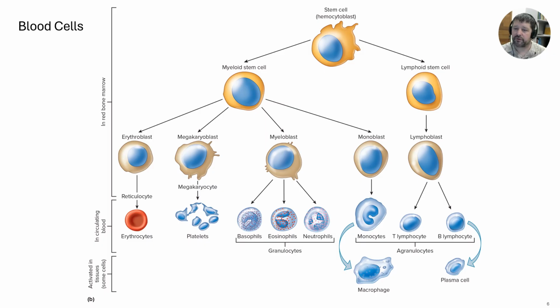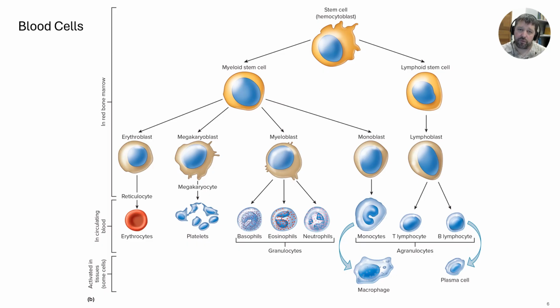That's where the T and the B come from. Both of these are part of your learned immune system, or your memory immune system. These B lymphocytes will then mature and differentiate into what we call plasma cells after they've been stimulated. We'll come back and talk about immune function later.